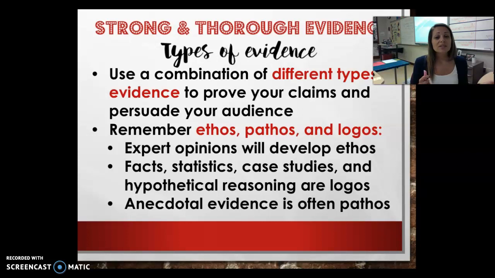You want to use a combination of these types of evidence because they evoke different responses from readers. We're not going to get too deep into this, but try and make sure that you're not always using statistics. You're not always using facts. Mix it up a little bit.